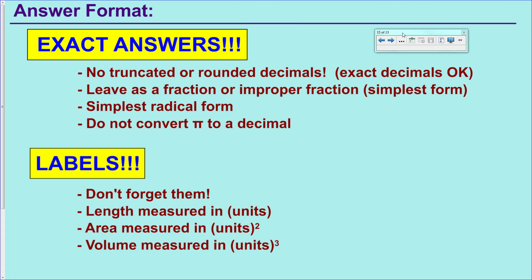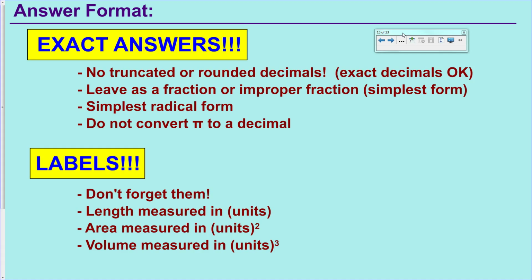You're going to leave pi as pi, and you're going to speak of area in terms of multiples of pi. We'll get to that when we talk about circles. I'll explain that further. But for now, you need to know that anytime you get a repeating or irrational decimal, you need to express it as a fraction or a radical in simplest radical form.